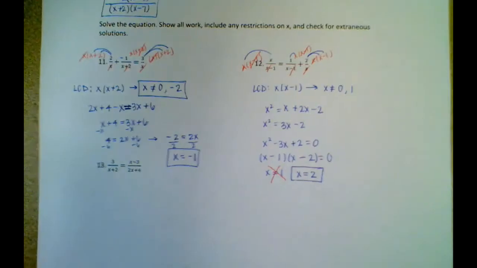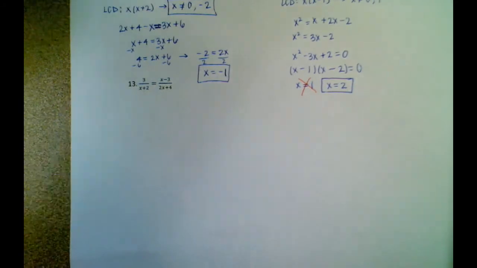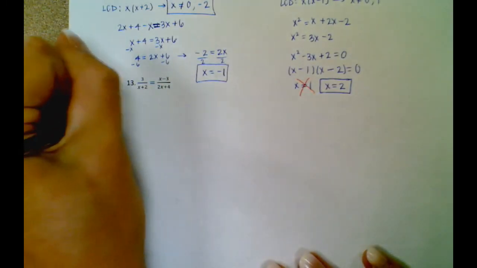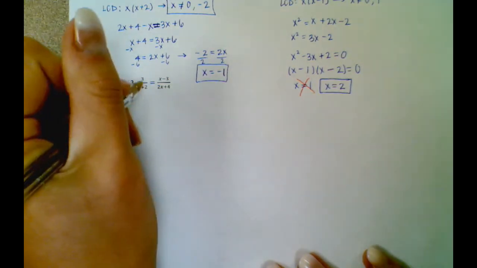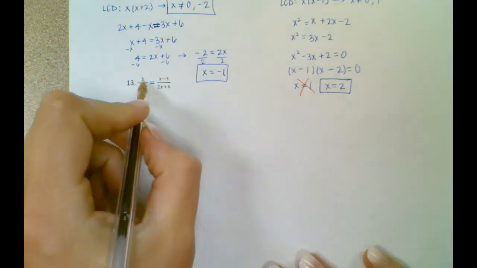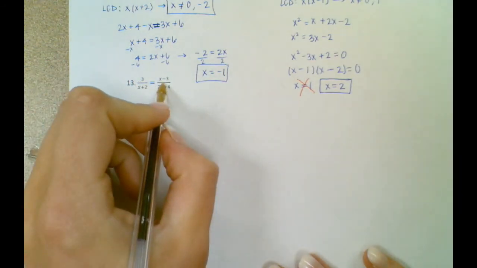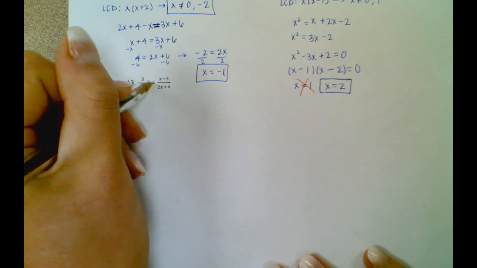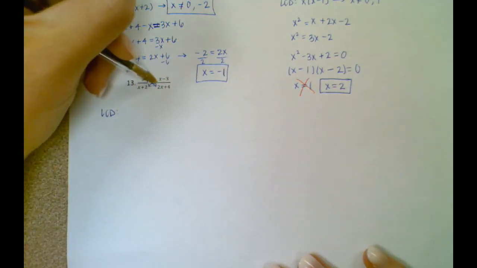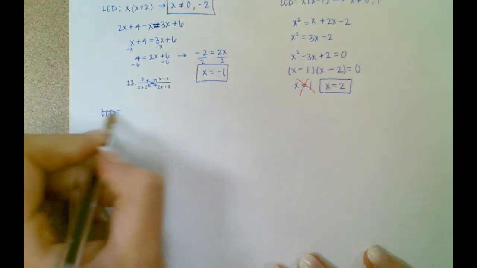Alrighty, last problem, guys. Number 13. So it looks like our least common denominator here. Oh, wait. Oh, this is a fraction set equal to a fraction. We can just cross multiply this, guys. Work smarter, not harder. Okay, let's do that.